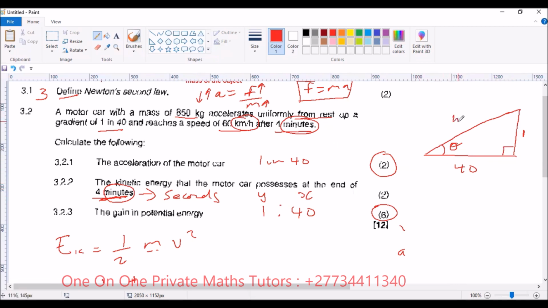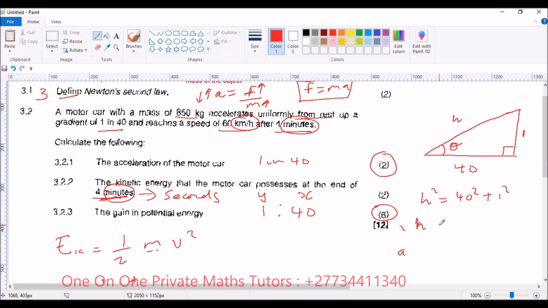In order to get h, we apply Pythagoras theorem: h squared is equal to 40 squared plus 1 squared. The aim is to get ratios so that we can find the sine, the tan, the cos.